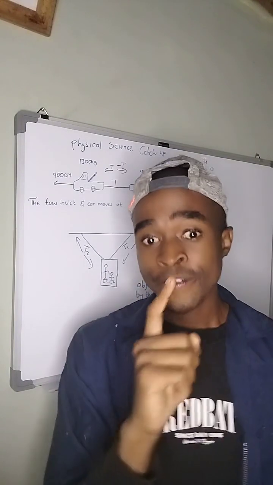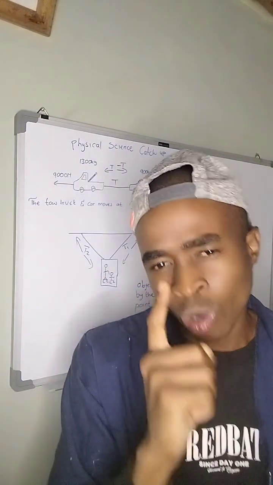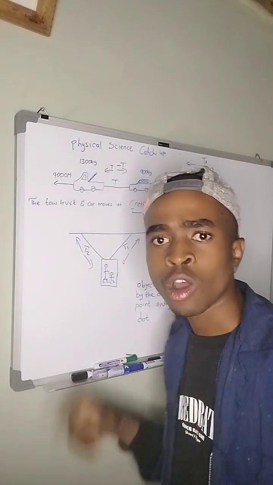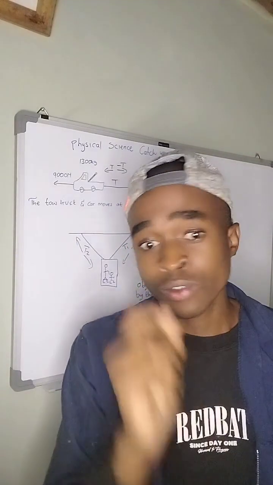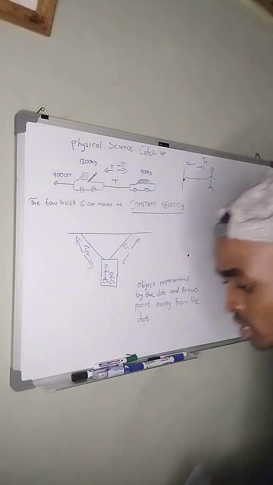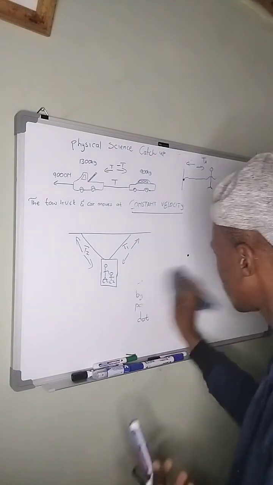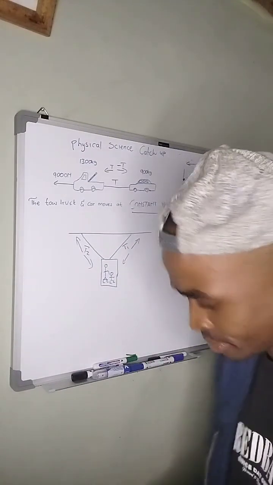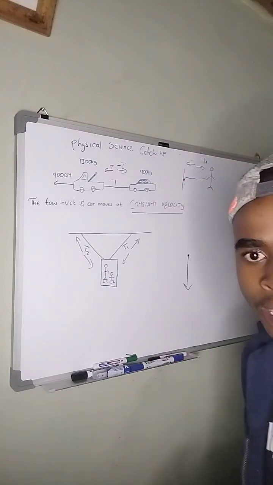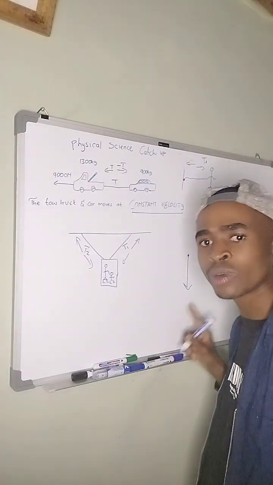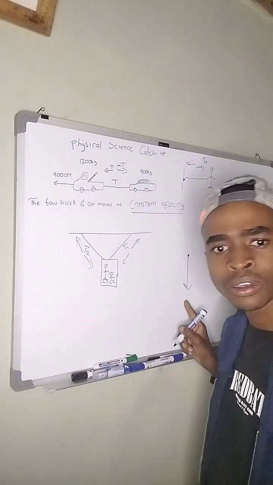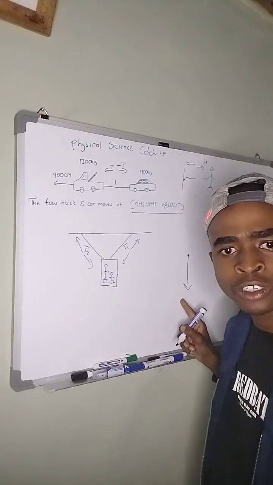So the first thing that you have to draw is the force of gravity. Since the picture is hanging like this, obviously the first thing to think of is the force of gravity. The picture is supposed to go down. What is the name of this force?